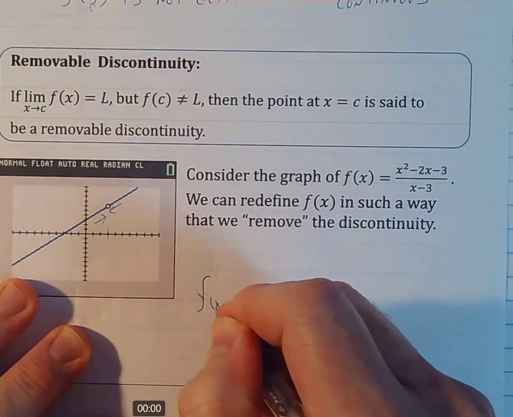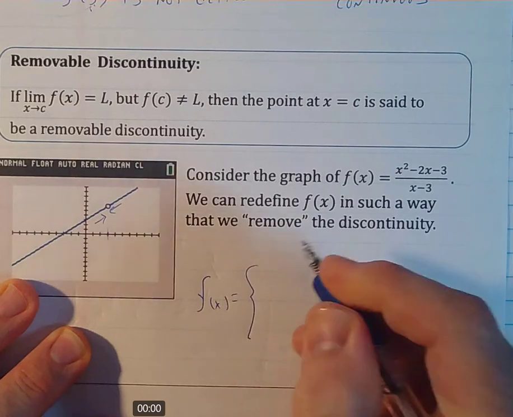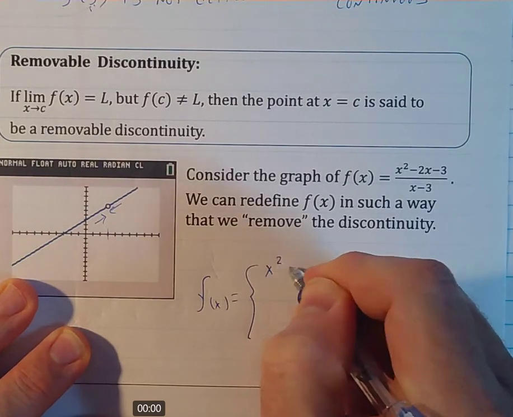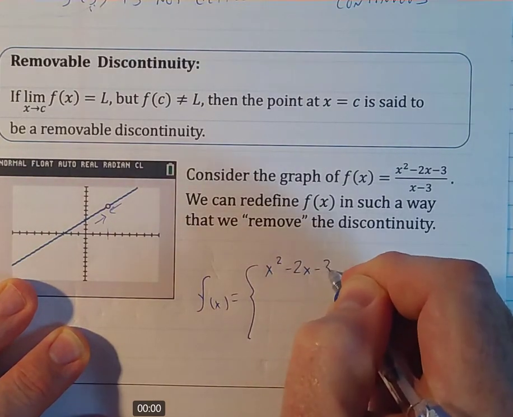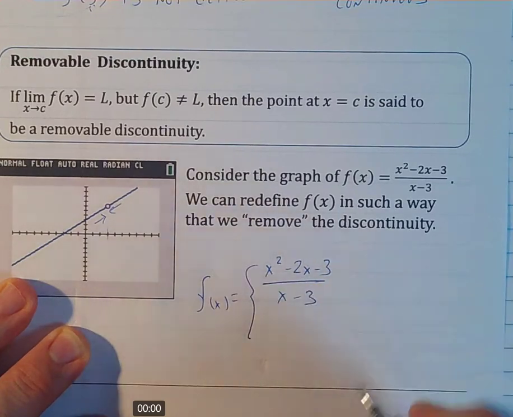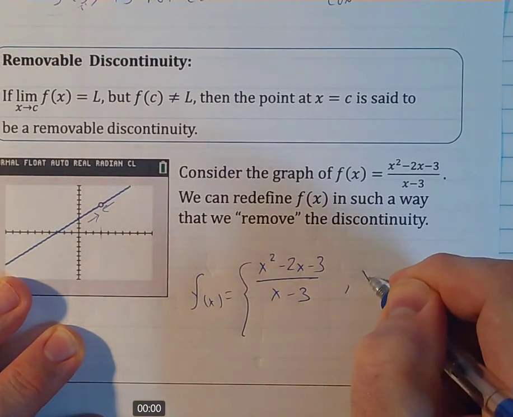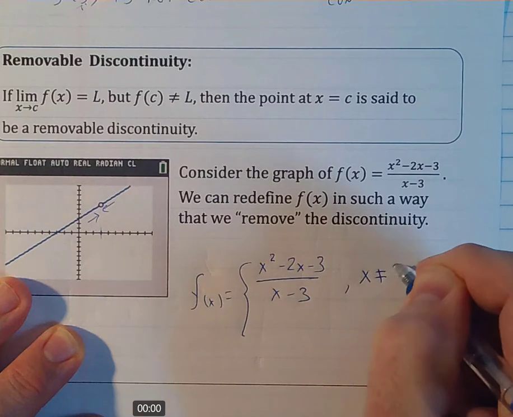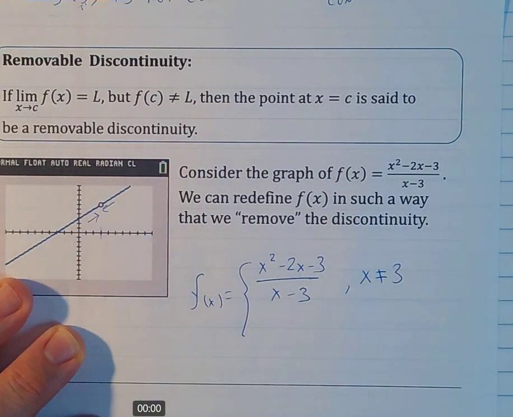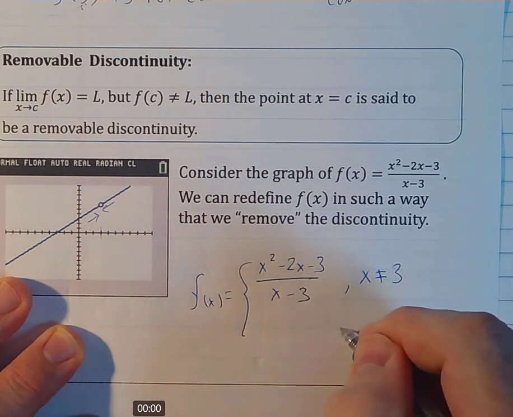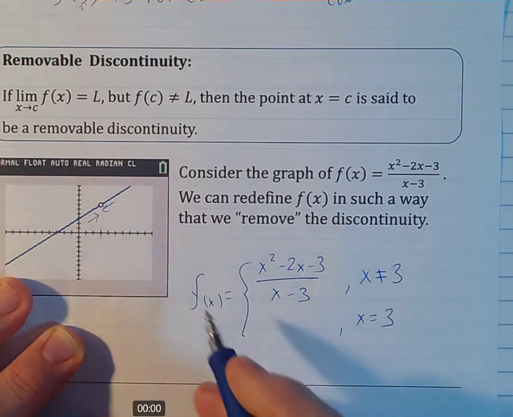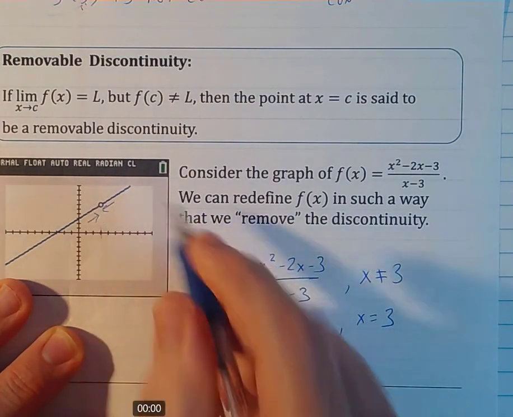If I went in here and wrote, okay, f of x is equal to, and I'm writing it down exactly the way it was up here before. Okay, so that's the function. And that's what the function is as long as x is not equal to 3. But if I say, okay, well, what happens if x does equal 3? Well, that would just be saying, what is this number right here?